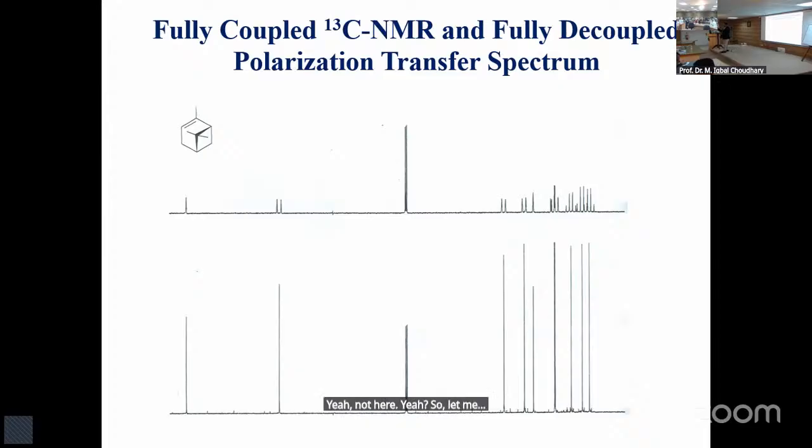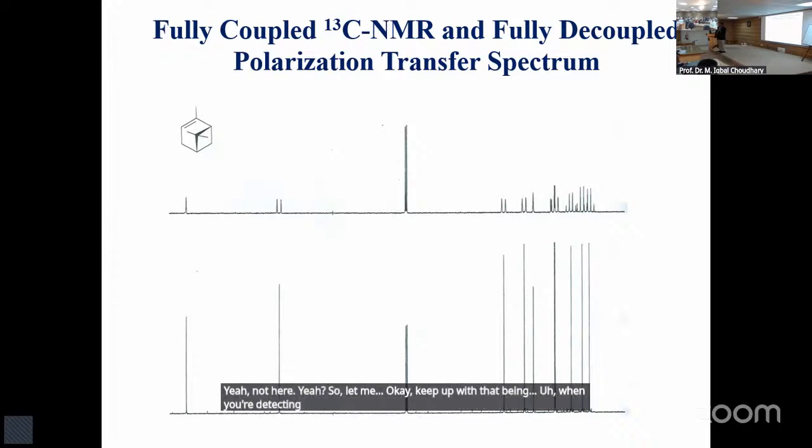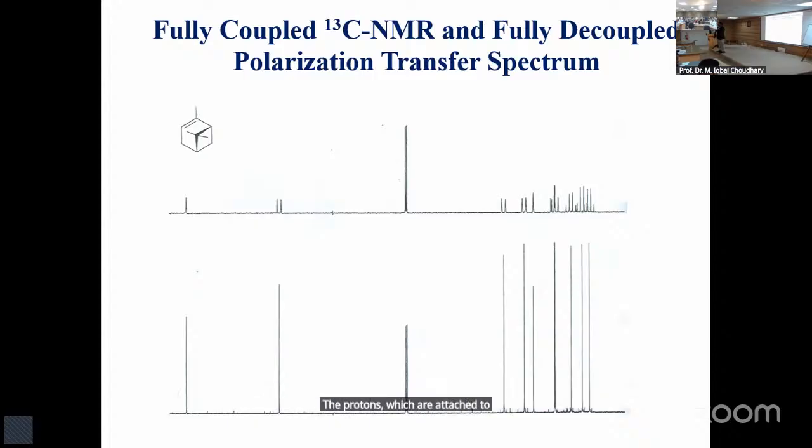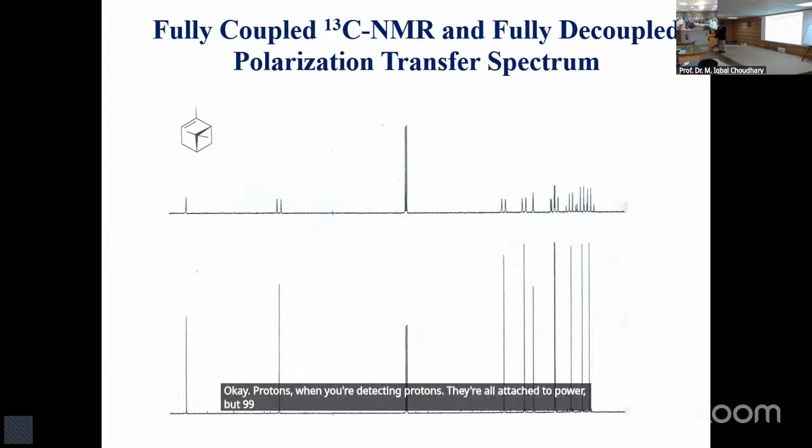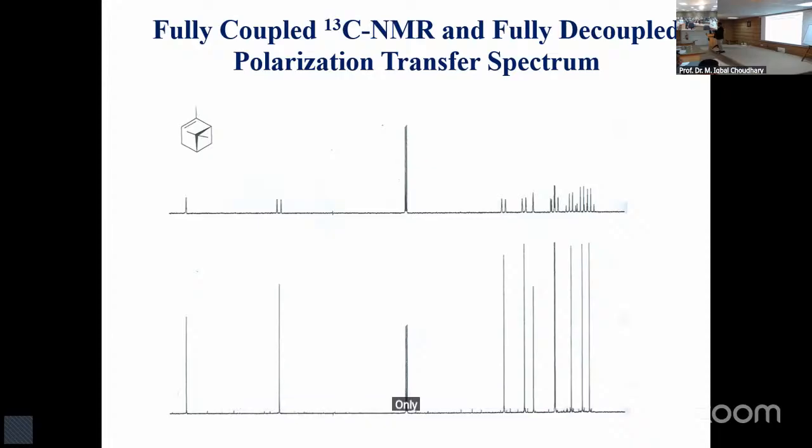So when you're detecting carbon 13, the protons which are attached to carbon 13 are all NMR active. Okay? When you're detecting protons, they all attach to carbon, but 99% of these carbons are carbon 12. Only 1% of them is carbon 13.